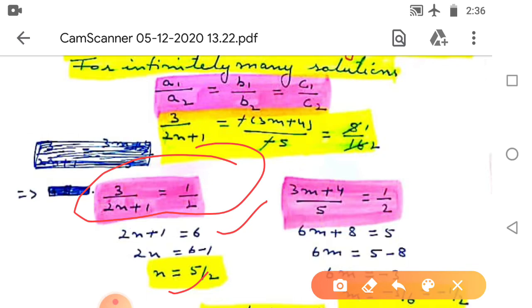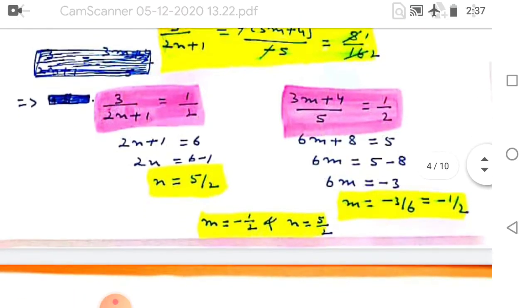And now after taking last two equalities, that is 3m plus 4 divided by 5 is equal to 1 upon 2. Now cross multiply: 2 into 3m is 6m, 2 into 4 is 8, 5 into 1 is 5, so 6m plus 8 is equal to 5.